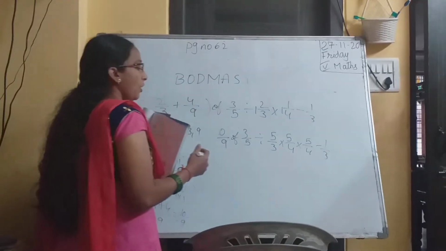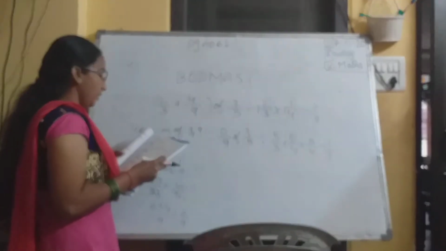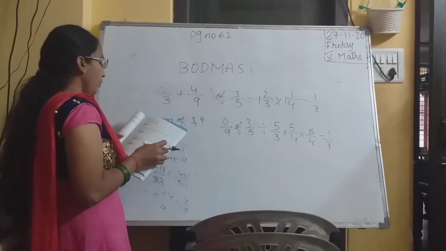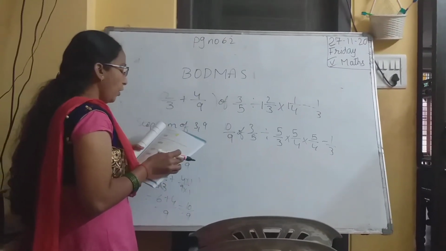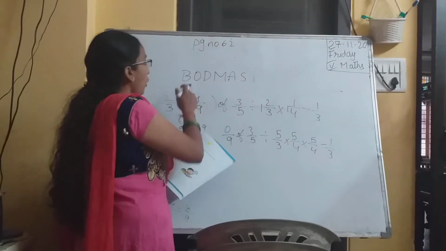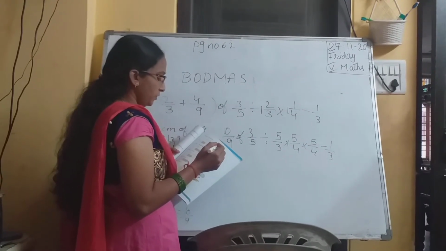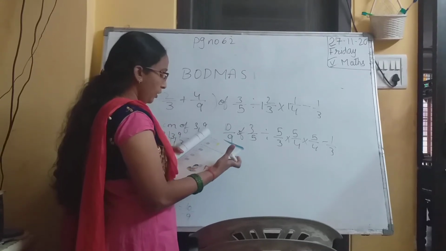Okay children. Of again means a division. So solve of. Second you are going to solve of. O means of. 2 by 3 of means solve division.